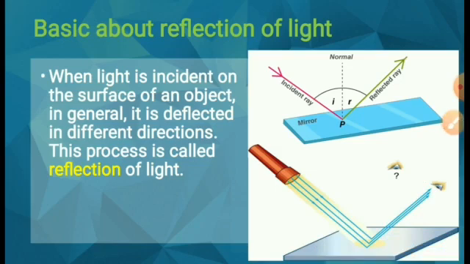Similarly, if you are kept in a dark room, you will not be able to see anything, but if you place a torch light on any object, that light will fall on the object, and from that object the light will get distributed in different directions, and that light will enter your eyes and you will be able to see that object. So when light is incident on the surface of an object, in general it is deflected in different directions. This process is called reflection of light.